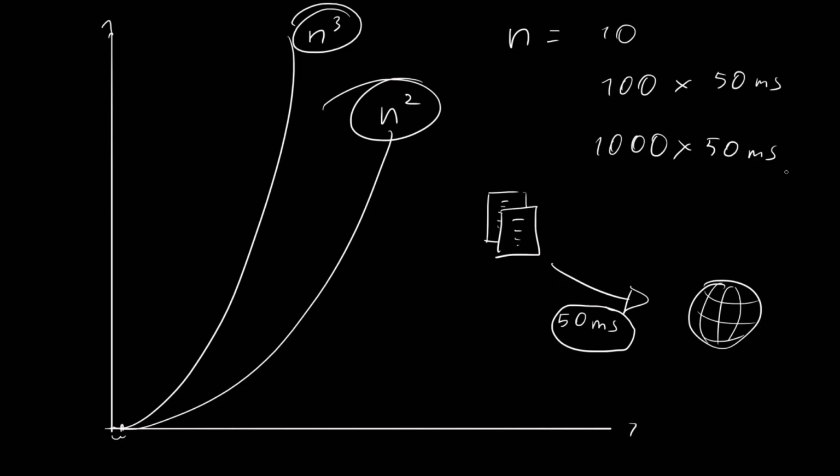So these things are relevant, but often they are not as relevant as people on the internet make it seem. You go on Stack Overflow and people say, oh no, this algorithm is really bad because it's n squared.